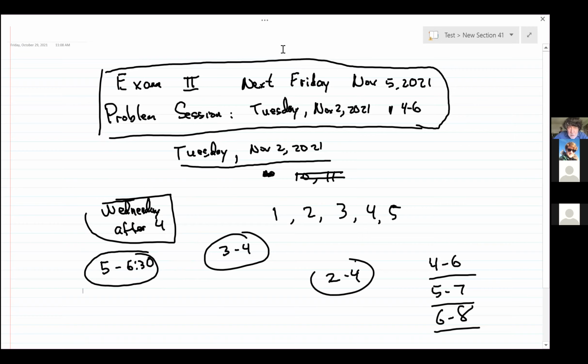Let me run it by everybody and then we'll get back to math. So, 5 to 6:30 on Wednesday: how many people would attend such a session, or at least are free to? I've got Candace, Zach, Raymond, Virginia. That's 4, that's good enough. 5 if Hugo. Okay. Is there anyone who can't do either of these sessions?